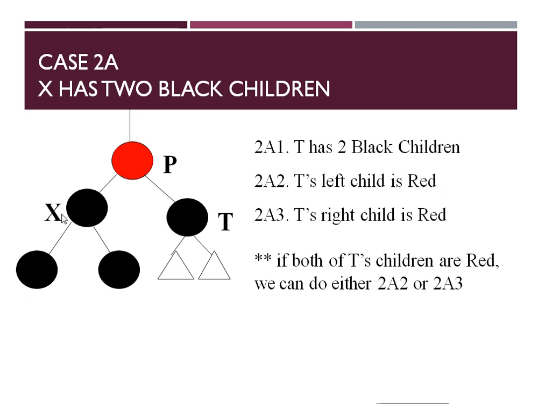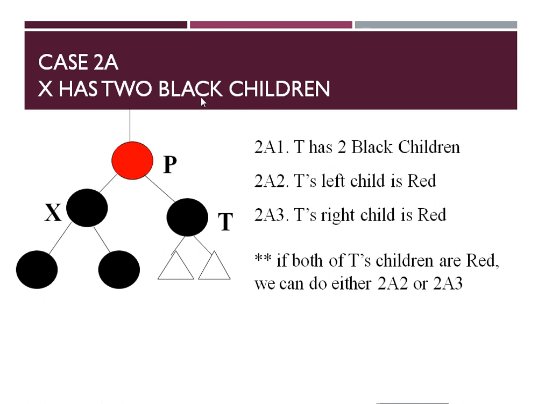Look at this figure. Here X has 2 black children, and X's parent is P, which is colored red, and X has one more sibling, T.